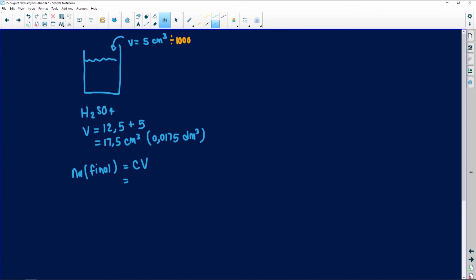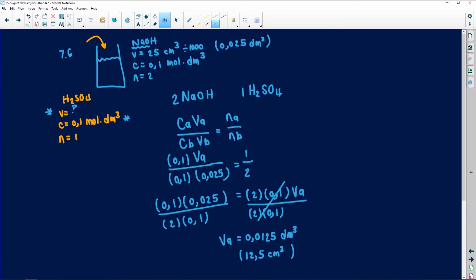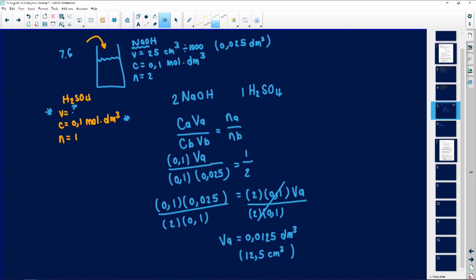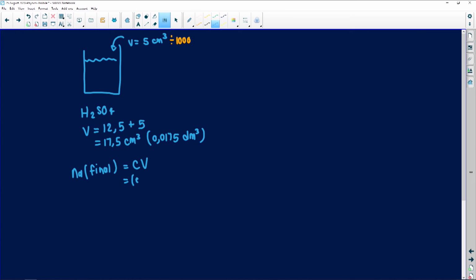Now remember, the concentration of my sulfuric acid, just want to show you back here, we said the concentration is 0.1. I'm still going to use the 0.1. The concentration didn't change. They only added the volume. So the concentration is 0.1. Now, the volume that I'm going to be using is this one. So I'm going to leave it in cubic decimeters, depending on whatever you're working with, 0.0175. Now, let's see how many moles do we get there.